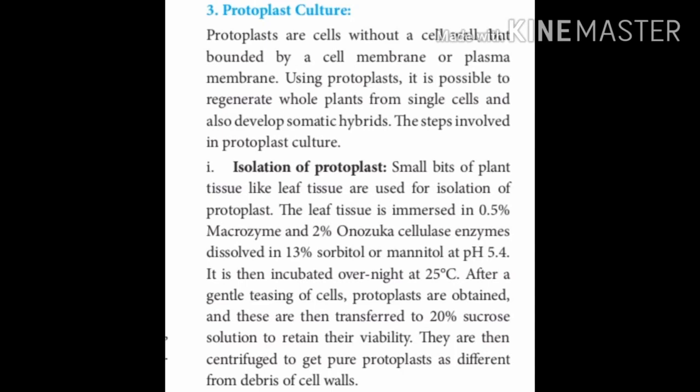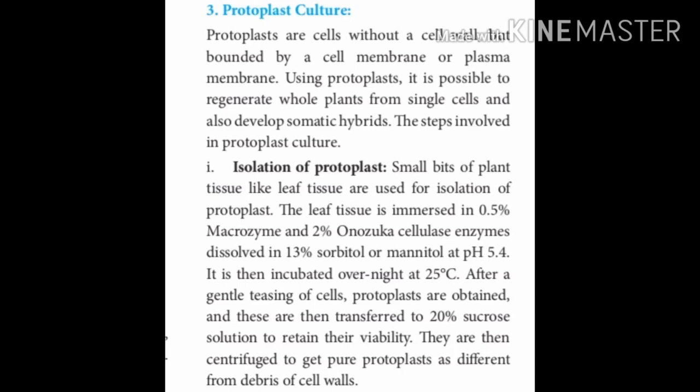So what are the materials we need here? 0.5% macerozyme and 2% Onozuka cellulase enzyme. Then it is dissolved in 13% sorbitol or mannitol and maintained at pH 5.4. After this, what happens? Let's see. It is then incubated overnight at 25 degrees centigrade.